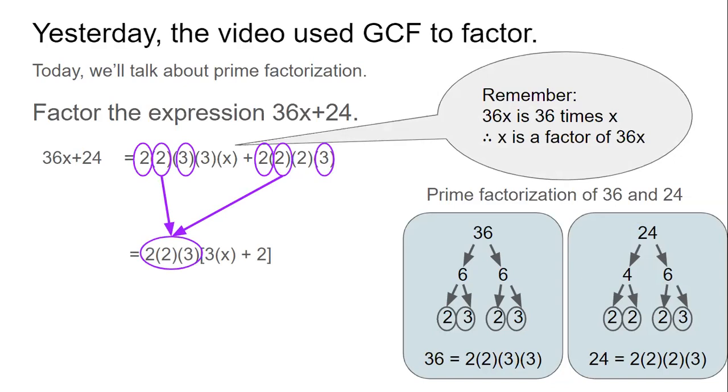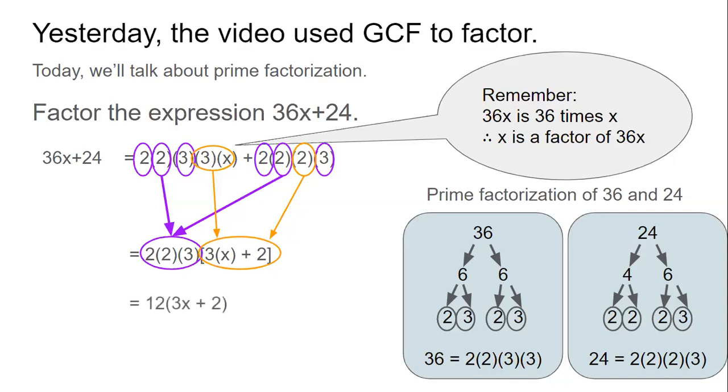Now we're saying that we want all of these that are in common to come out, and the ones that don't have anything in common, they're going to stay put. So we see that plus sign is still between 3x and 2. We want to keep that there. So we pulled out everything that's in common, and everything that was different stayed in place.